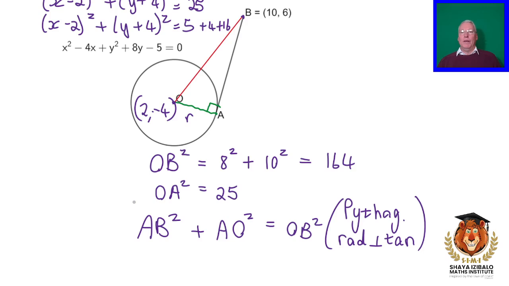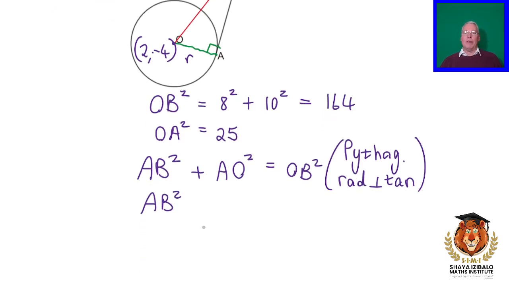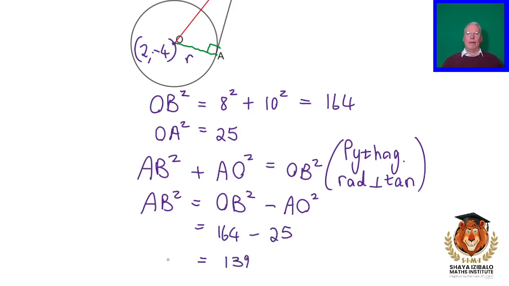Now AB squared, which is what I'm trying to find, is just going to be OB squared minus OA squared. So it's going to be 164 minus 25, and 164 minus 25 is 139.